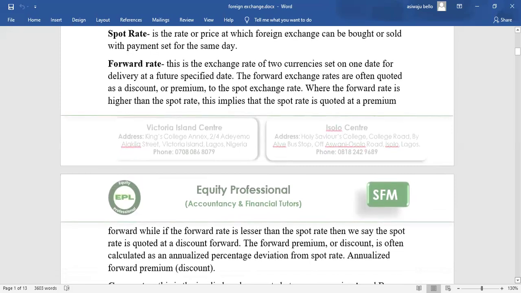Why, if the forward rate is lesser than the spot rate, it means that the spot rate is quoted at a discount forward.